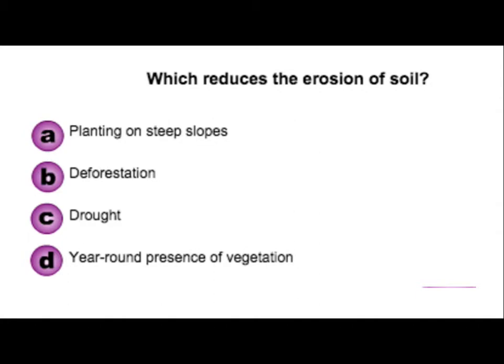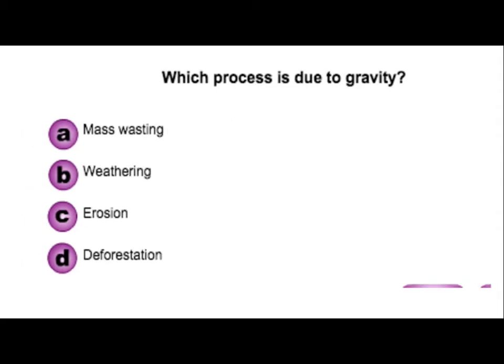Terrell. Deforestation? No. Stop. No, obviously, we've already said all the answers. Planting on steep slopes, meaning the slope is steeper, is going to cause more erosion. Deforestation means there's no trees. You just told me the less ground cover, the more the erosion. Drought, you told me the drier the land, the more the erosion. Year-round presence of vegetation means that we're planting stuff all the time, which is going to reduce erosion.